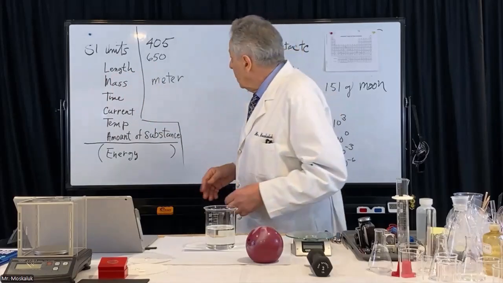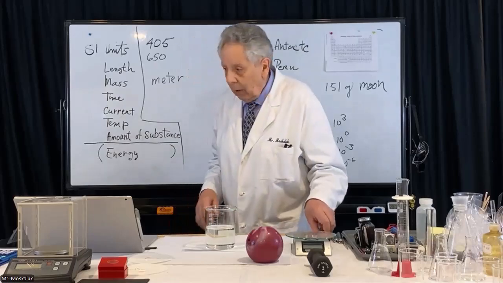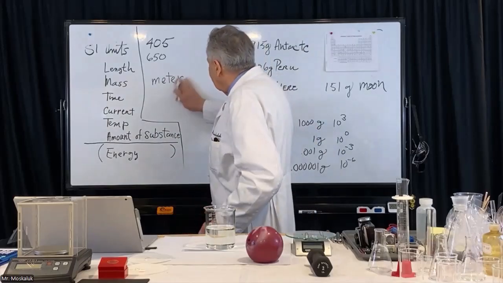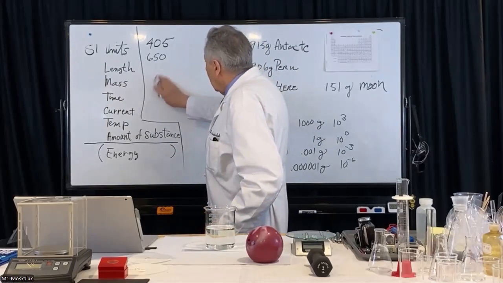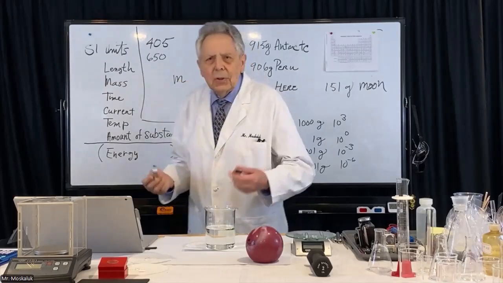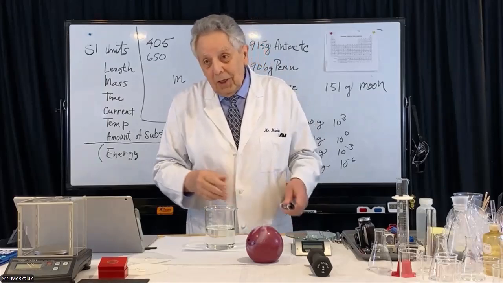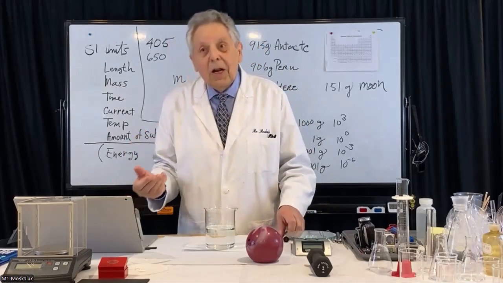Now, the official unit is the meter, and I'll put that unit out here, just m, lowercase. But you'll never see meters used on an AP chemistry exam. We measure things that are a lot smaller than that.